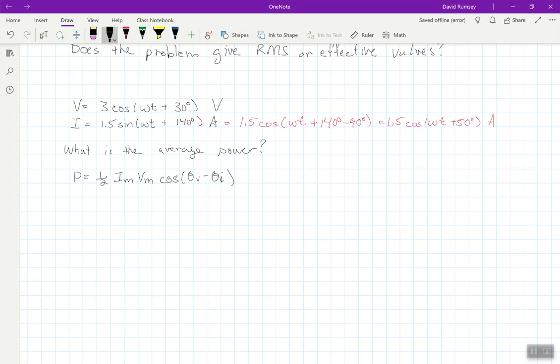So now we can just go ahead and do what we call our formula plug and chug. So we'd have 1/2 times Im, which is 1.5, Vm is 3, and then I have cosine of 30 degrees. Now it does matter the order you put these in. It's theta v minus theta I, minus 50 degrees. So this is going to be 1/2 times 1.5 times 3 times cosine of negative 20 degrees.